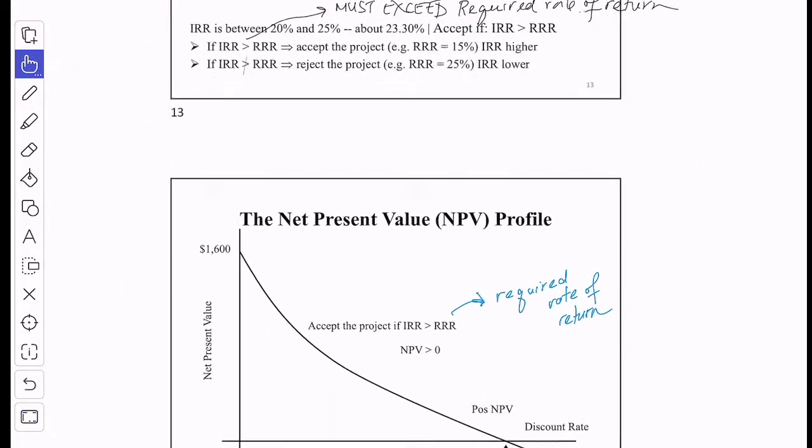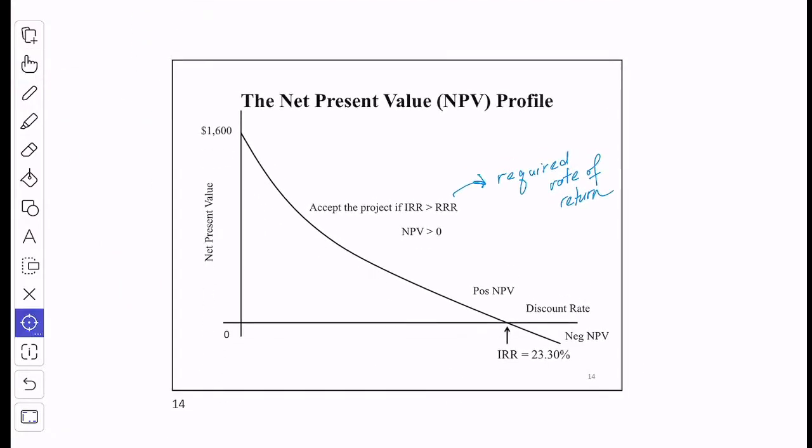Let's see. So then what I was saying is the NPV profile, if you were to plot each of those points, they would appear along this curve, and this is where we cross. So here's where NPV is 0, and IRR is worked out to be 23.3.